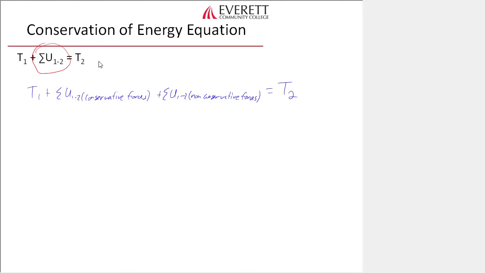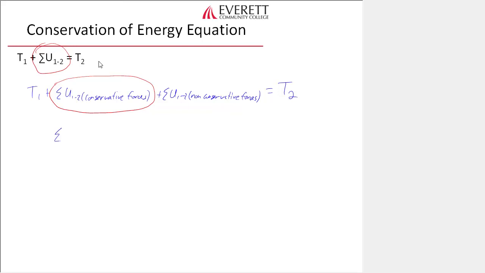Then all we're going to do is say, well, these conservative forces are path independent. That's the definition of a conservative force, is it's path independent. And if it's path independent, we can just figure out where it is at the beginning and where it is at the end and measure its potential energy. But remember, I said the potential was the opposite of work.